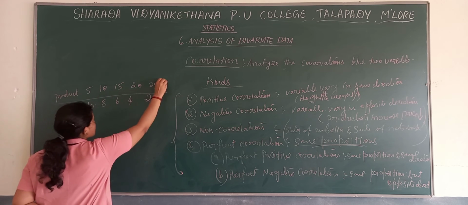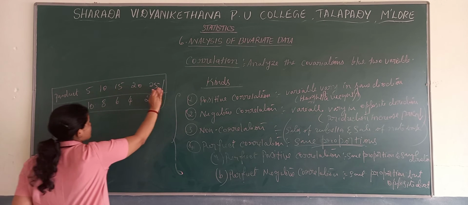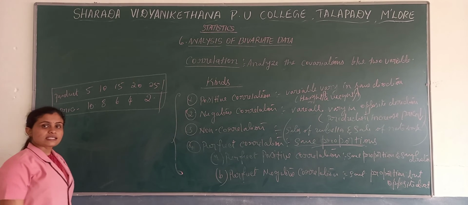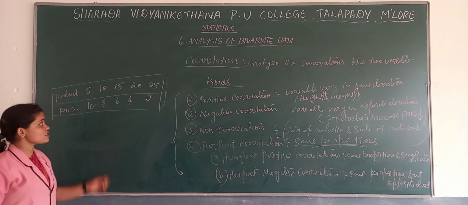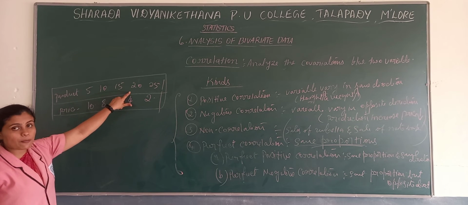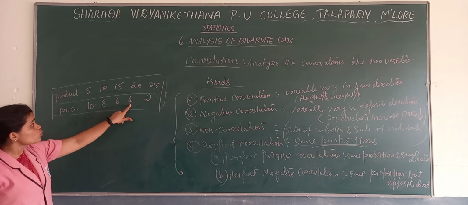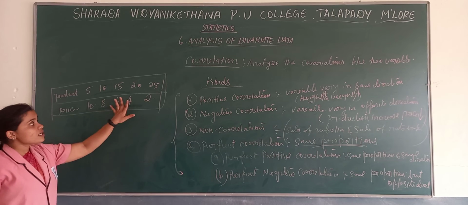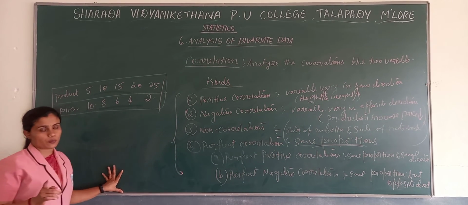So see what happens. When one increases, the other decreases, but in the same proportion. Here it increases in the gap of 5, here it decreases in the gap of 2. So perfect negative means variables vary in the opposite direction but in the same proportion.